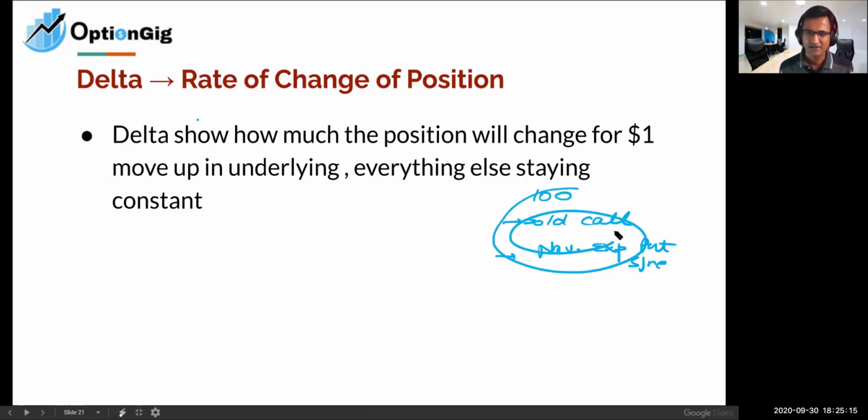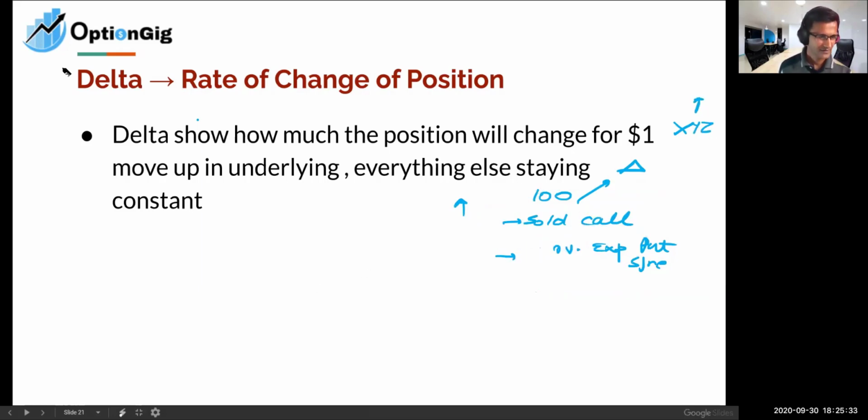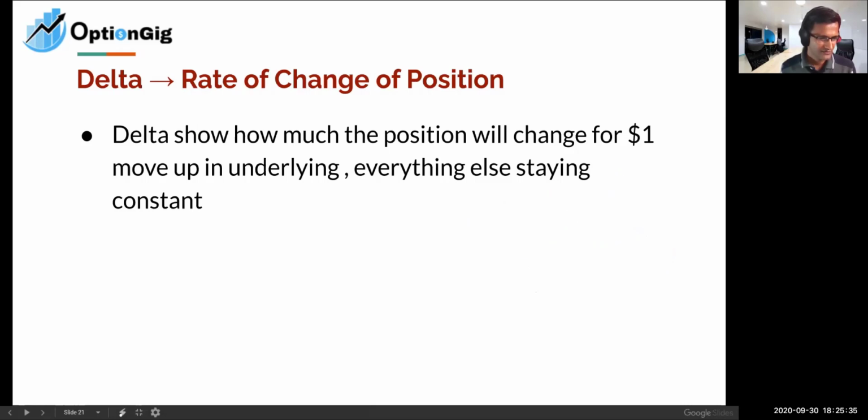Now with all this mixed up, what's your overall delta? That tells you how this whole mix would move together if this XYZ stock goes up by $1. Okay, so that's a quick recap.